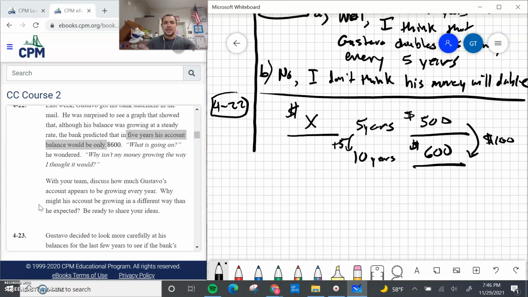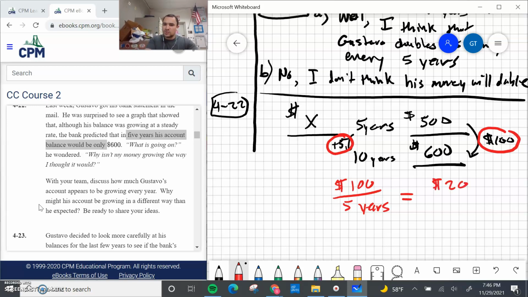And this is where we want to get to talking to our proportions. Here's our plus 5. Here's $100. So if I'm going to make $100 in 5 years, how much money am I going to make every year? Well, you just do 100 divided by 5. 100 divided by 5 is going to be 20 for every year.